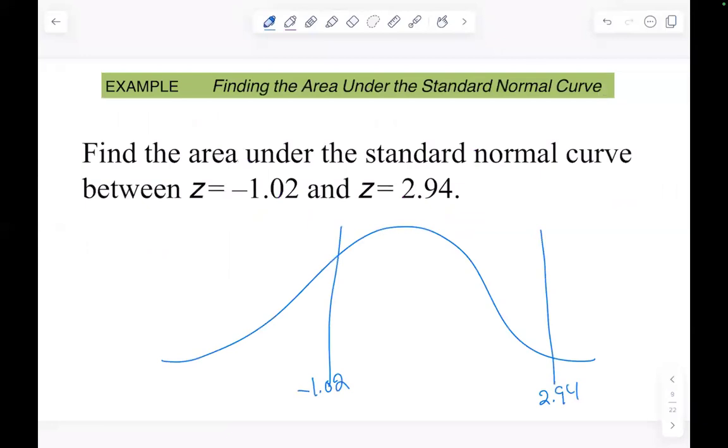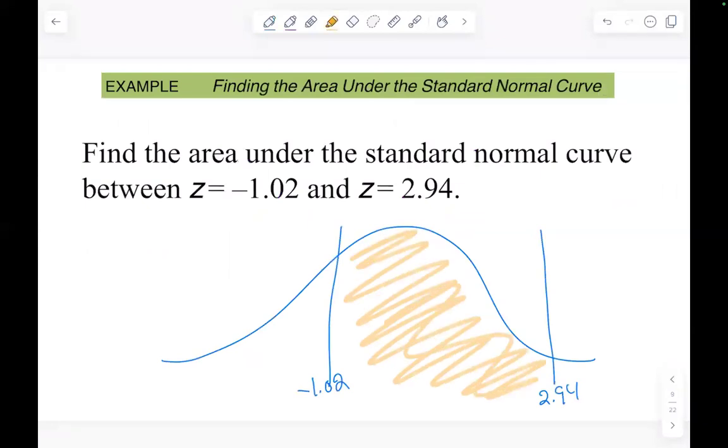And I'm looking for the area in here. So what you're going to do in your calculator is, of course, normal CDF. My lower value is going to be negative 1.02. My upper will be 2.94. And then we're still doing the 0 and the 1. So this is what you're going to put in your calculator. And we're getting the area in between those two z-scores. So go ahead and give that a shot.